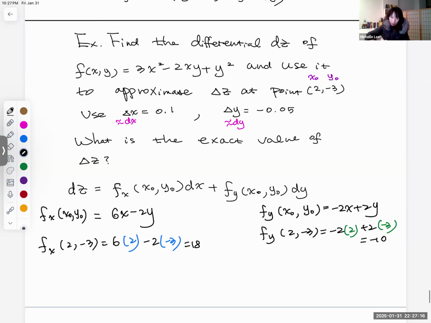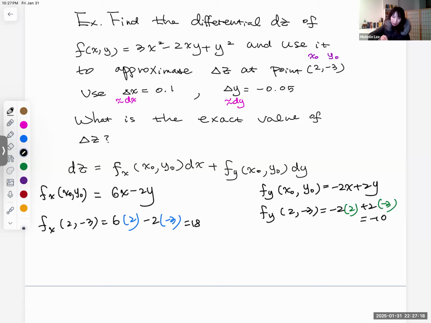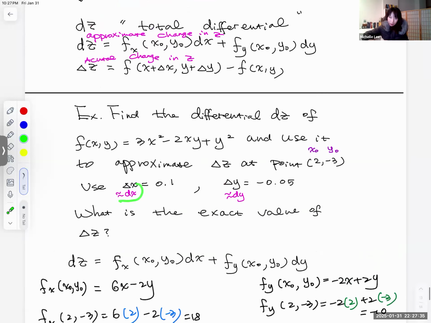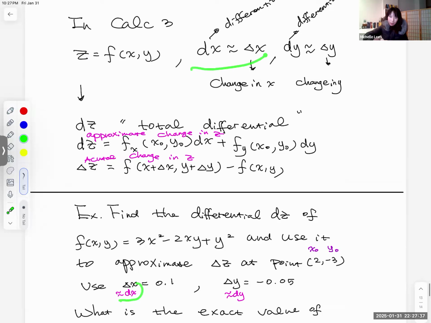Okay, now we have dx. dx equal to what? So let's make a note. They say that dx is approximately the same as delta x, and dy is approximately the same as delta y.